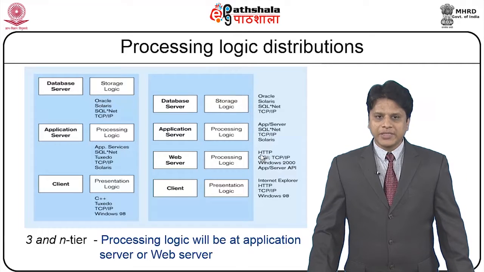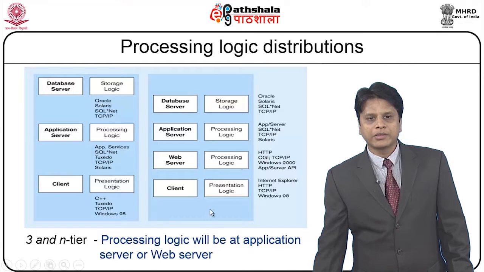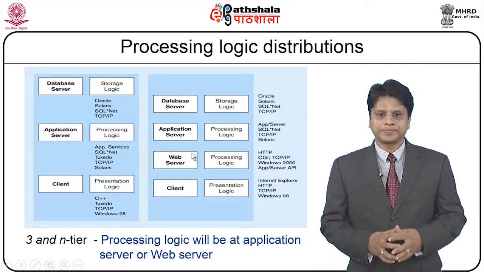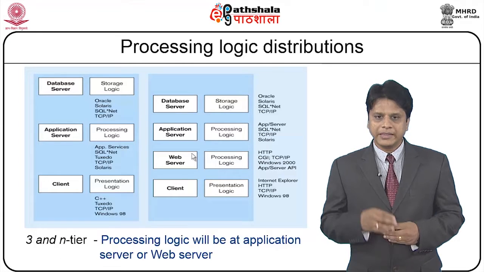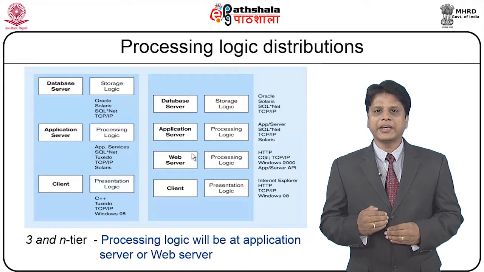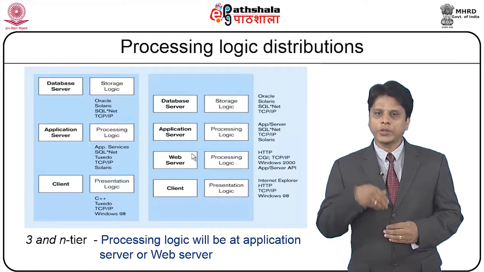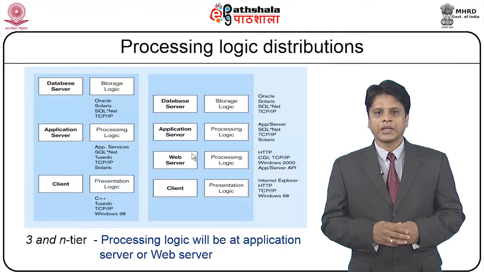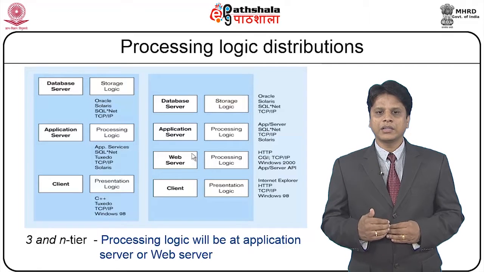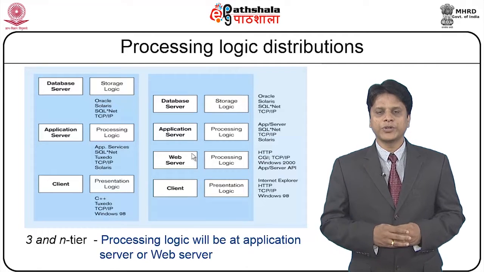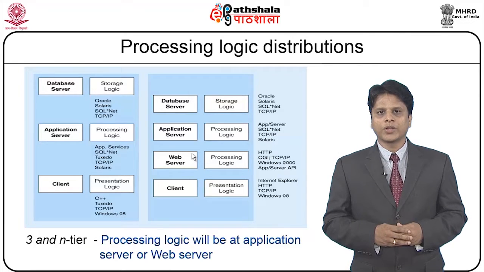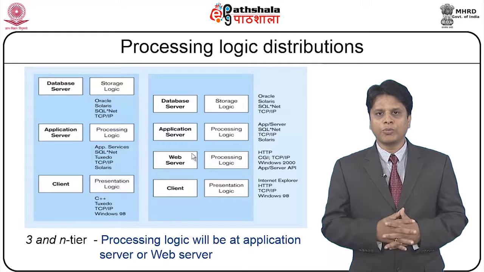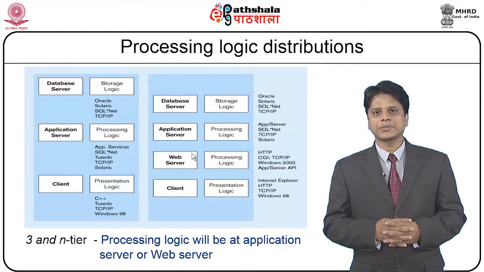For this processing logic distribution, as I was mentioning, between 3-tiered and n-tiered architecture, when there is a request from the client, the request is taken to the web server to get executed, and the web server in turn gives it to the application server, which has all the business logic. I can refer to travel ticket booking as an example.